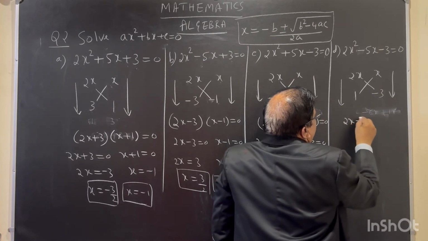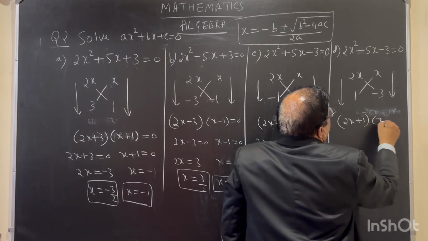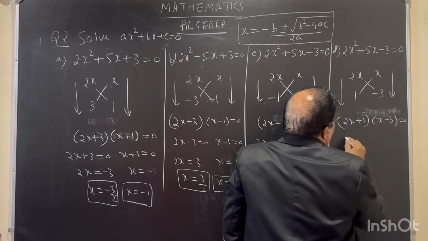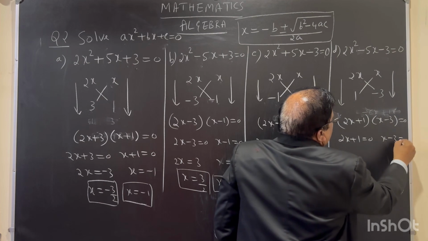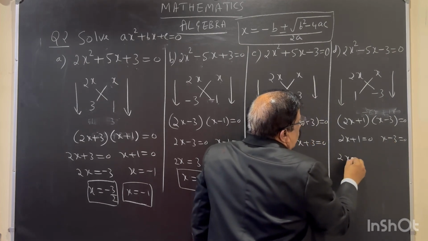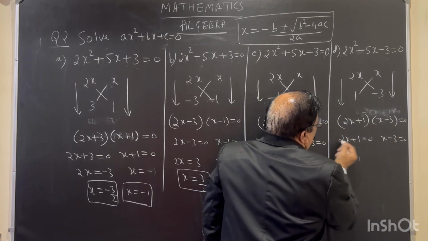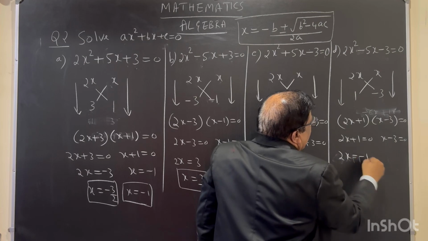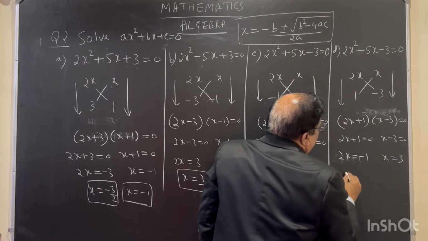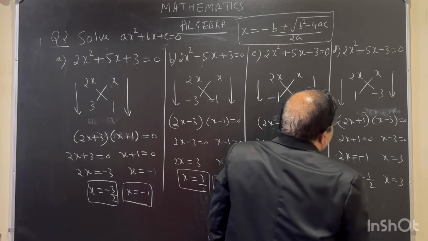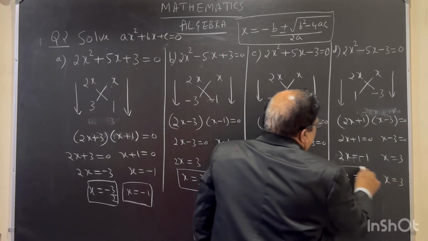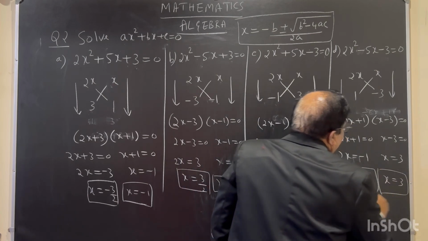So this is (2x plus 1) into (x minus 3) is equal to 0. So 2x plus 1 is equal to 0, x minus 3 is equal to 0. 2x plus 1 means 2x is equal to minus 1, and x is equal to 3. Therefore, x is equal to minus half or x is equal to 3. So these are the two answers.